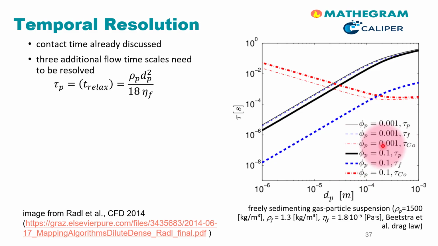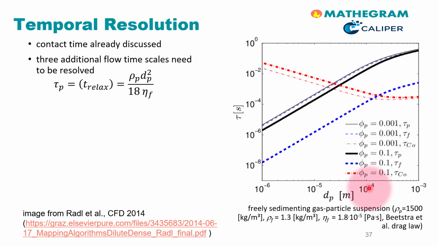Please note that in the figure a slightly different definition of the particle relaxation time was used, such that Reynolds number effects are considered. This is why the curve changes its slope at approximately 100 micrometers particle size or 10 to the power of -4 meters.